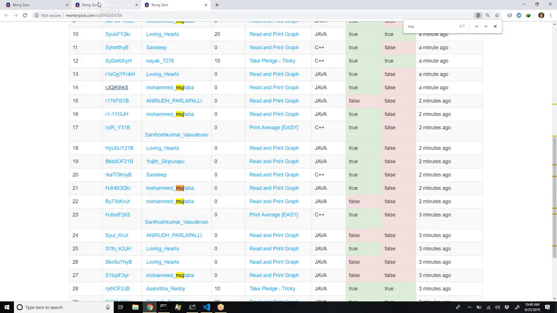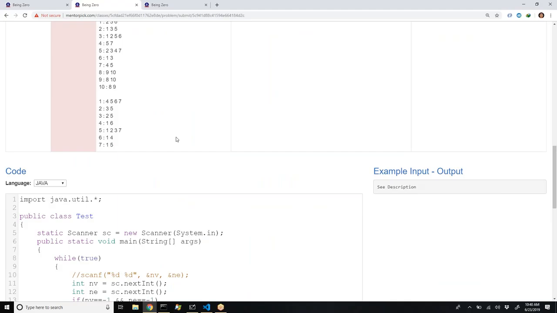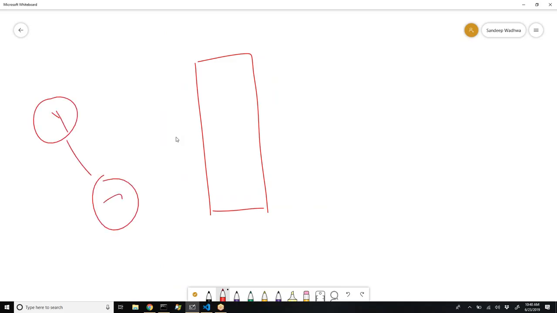Okay. Yeah, so in between, Lavkumar asked why we are doing u of v, v of u. So here it is an undirected graph. If 1 is connected to 2, 1's list will have 2, and 2's list will also have 1. Lavkumar, is that clear or not?